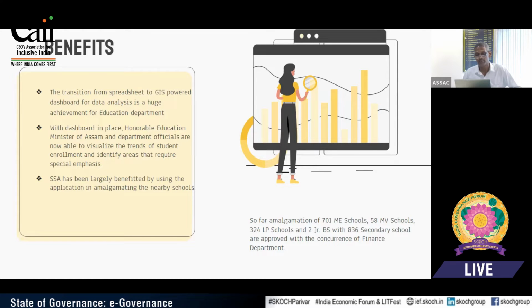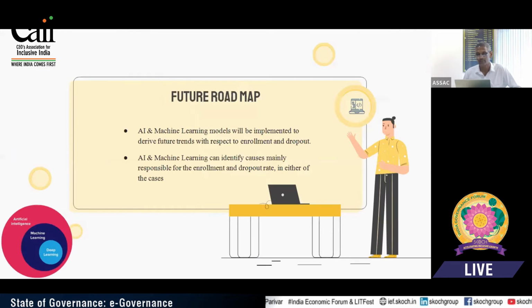But in future, we also want to use AI and machine learning techniques for prediction and improvement of these things. There are so many other things also being created in this, like what is the reason for dropout and how to improve the education facility. There may be other reasons also.